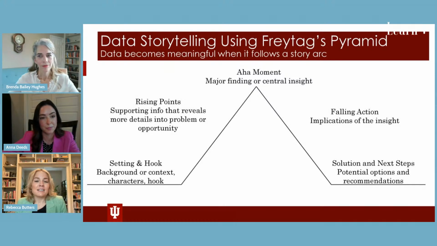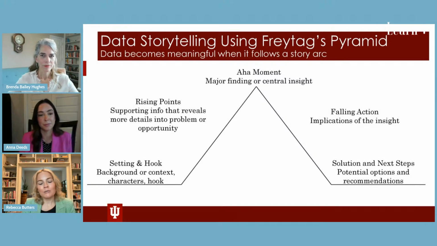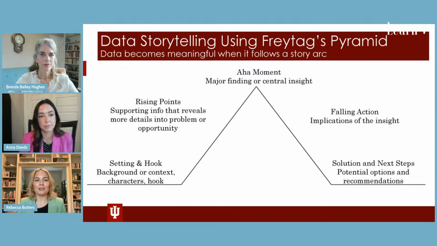And then the next steps, that solution would be more implementation. How do we actually put this into action? So there's a lot of flexibility within this framework that you can work with, but typically that rising and falling action is where I see they gloss over it.